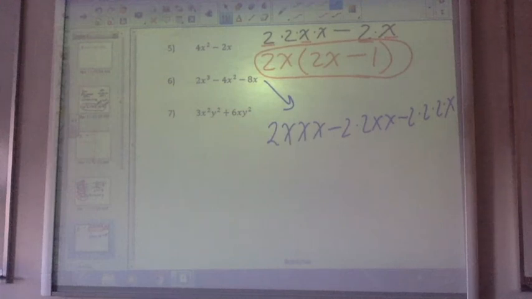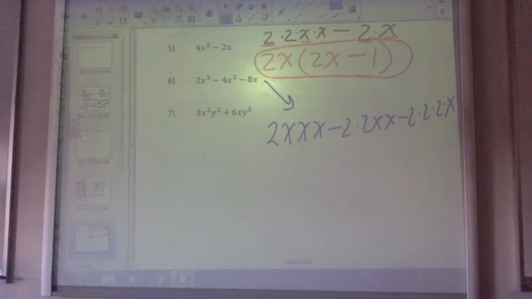Okay, so 2x to the third, that's 2x. You multiply. If I break up 4x squared, that's 2 times 2 times x times x. And if I break 8 up, I get 2 times 2 times 2 times x. Notice I left the subtraction sign subtraction.